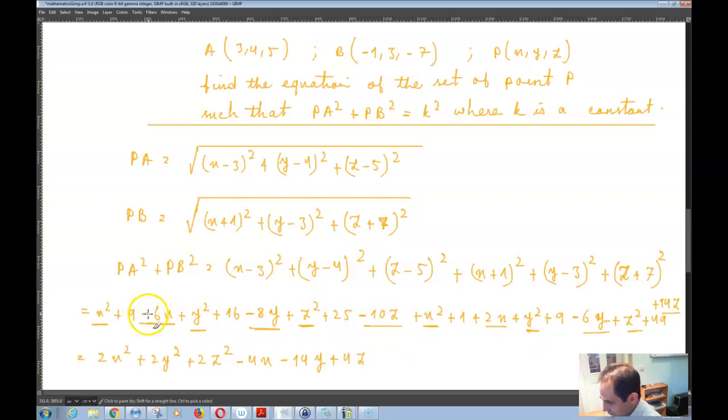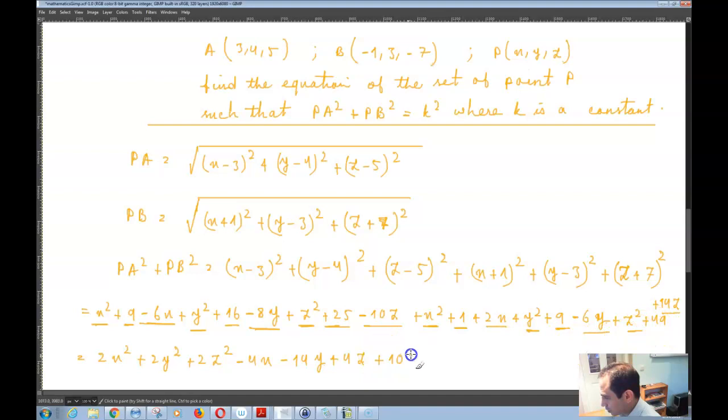And then you have basically a 9 and 16 over here. 9 plus 16 is equal to 25, plus 25 is equal to 50, plus 1 is 51, plus 9 is 60, 60 plus 49 is equal to 109.